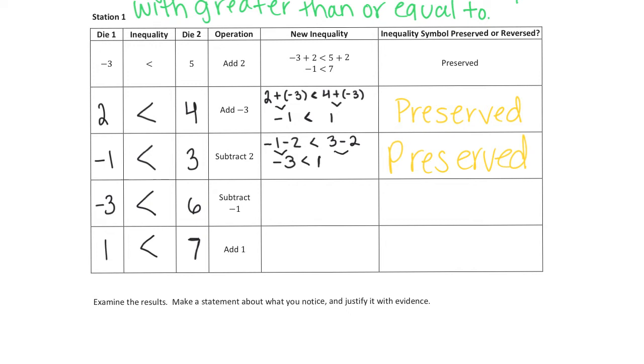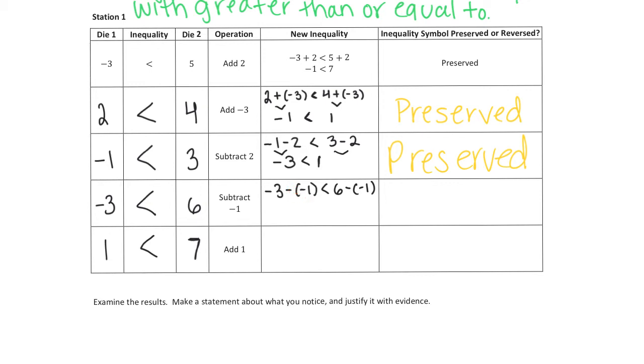I have -3 is less than 6. Let's go ahead and add our operation to both sides. So I have -3 minus -1 is less than 6 minus -1. To find the value of both sides of these inequalities, we first need to remember that when we subtract a negative, it actually means that we are going to be adding that value.